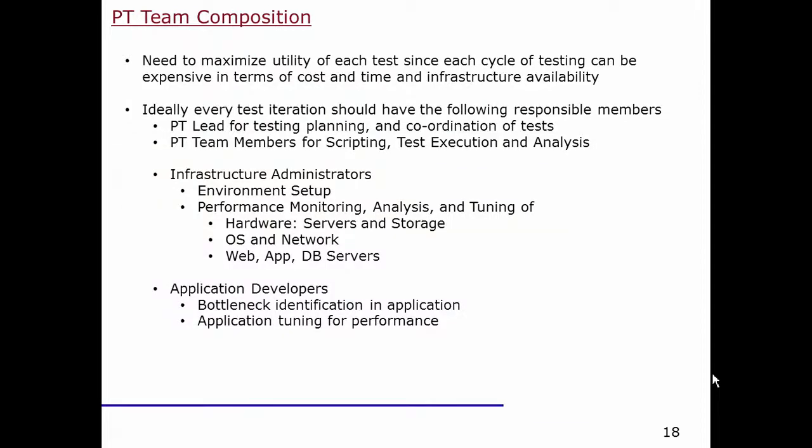Now coming to the PT team composition, the team composition is not necessarily only testers. You would have a PT lead for testing, planning, coordination, and you would have team members for scripting, execution, analysis. But along with these key members, you also need during the test to have infrastructure administrators who would set up the environment for you, who would do the performance monitoring, analysis and tuning of the hardware, operating system, network and platforms.